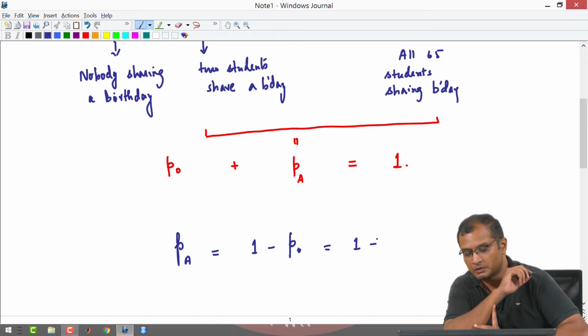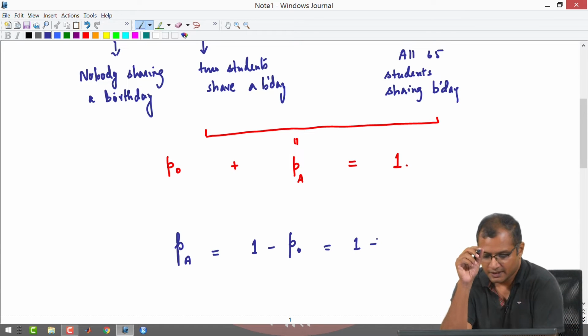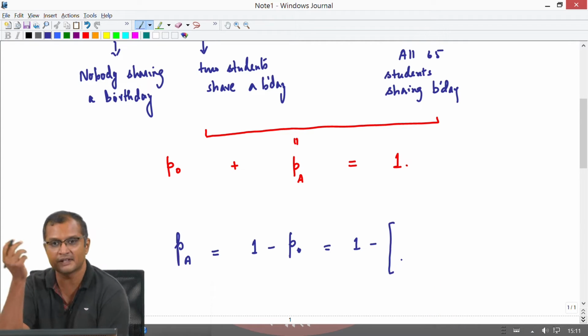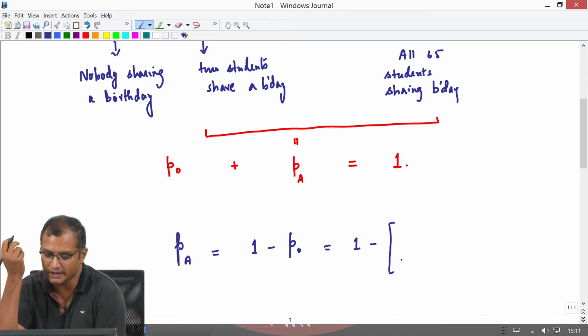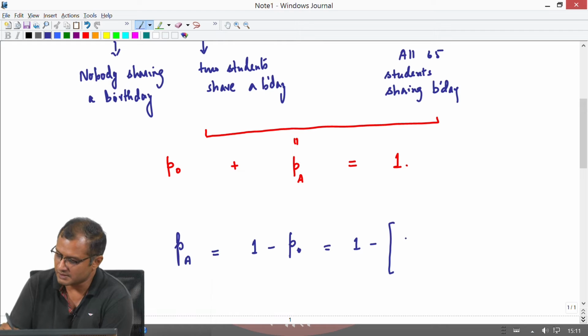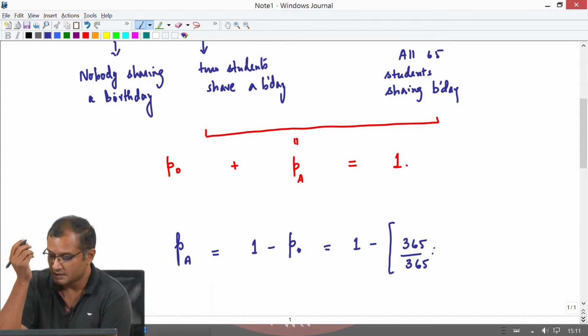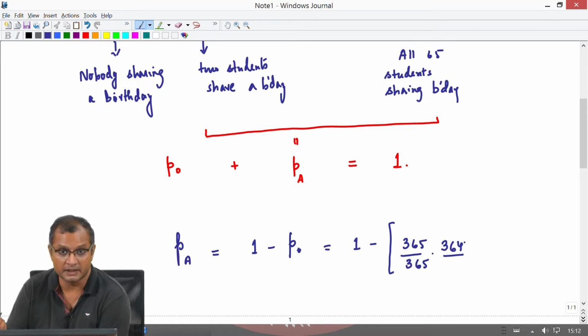Okay. Now, the fact that nobody shares a birthday is a problem of simple permutation. Since you have 65 students and you want to write down the probability that nobody shares a birthday, you can say that the first student has 365 days in the year to take as his birthday, divided by 365. Now, the next student who comes has 364 days available, because the first student has already taken one birthday in the calendar year.